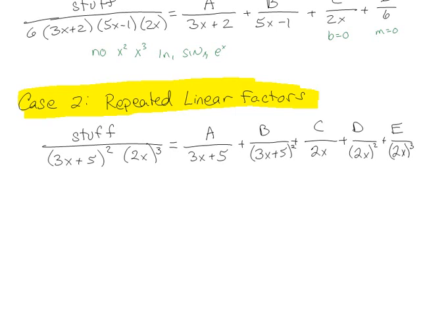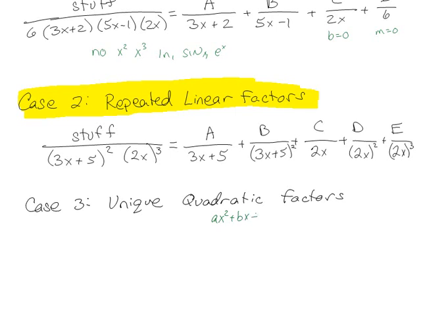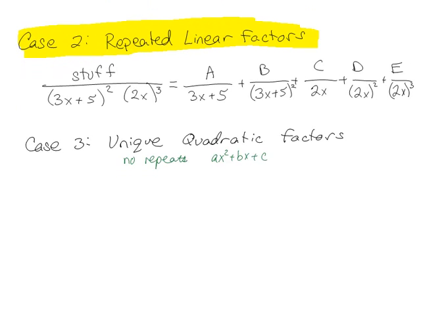Let's see, what else can we think of? Let's try case 3. Let's talk about unique quadratic factors. Remember, a quadratic is anything that's like ax squared plus bx plus c, so anything with a squared term in it, and unique still means that there's no repeats. All right, so if we're going to have something like this, it's still the same style, it's just a teeny bit different.